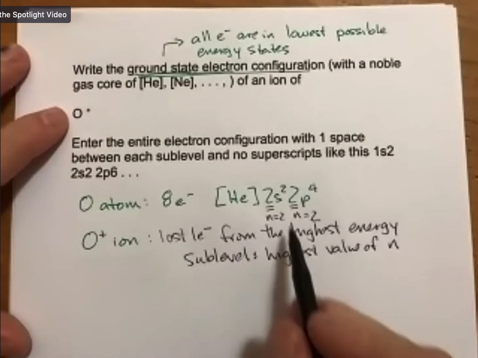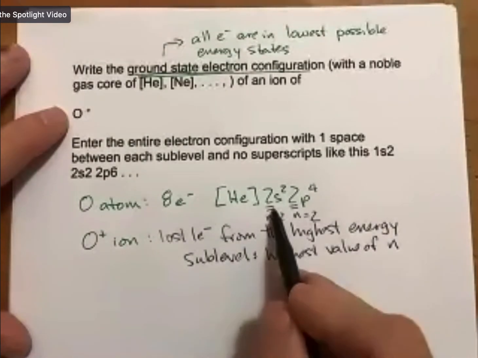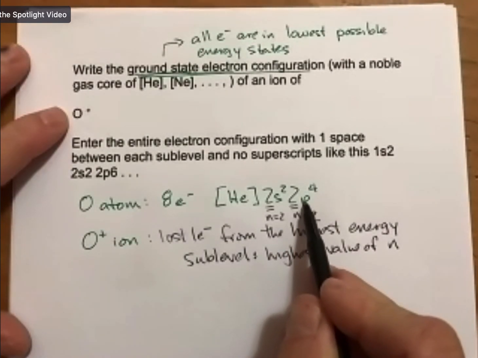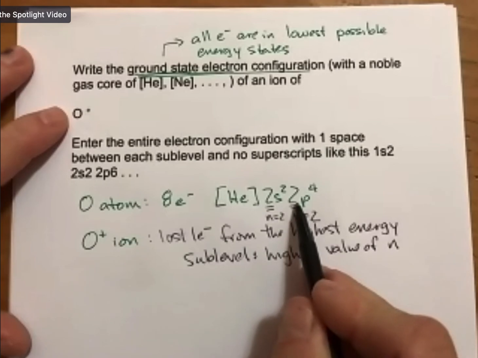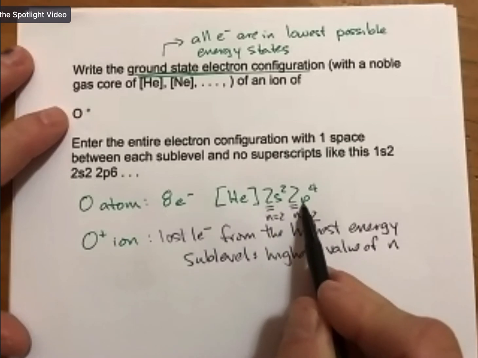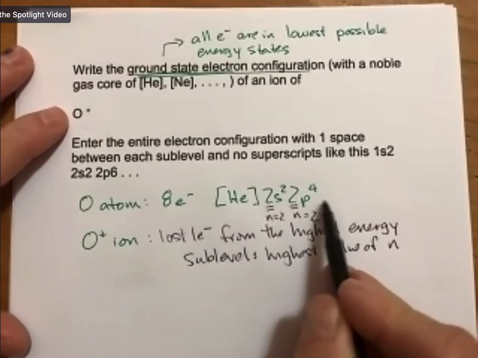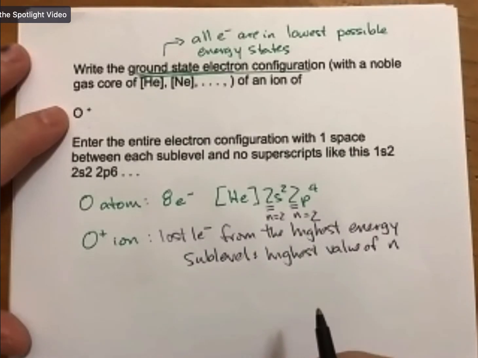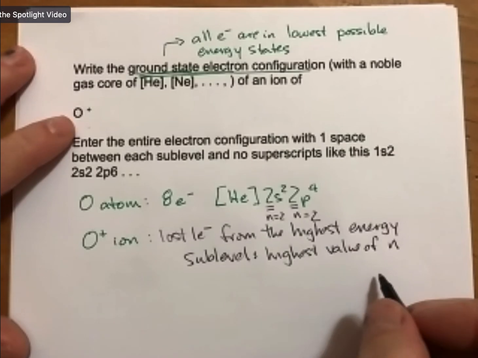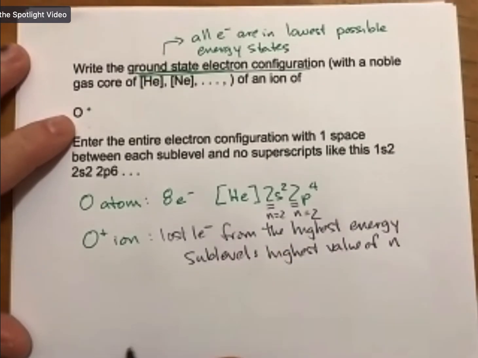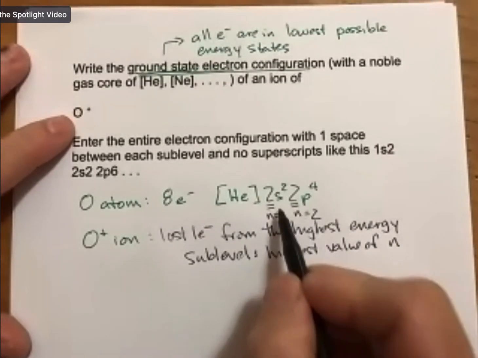And then if it's got the highest value of n and you have 2 choices, then it will have the highest energy. Basically, p is higher energy than s, d is higher energy than p. Highest value of n, and then p is higher energy than s.